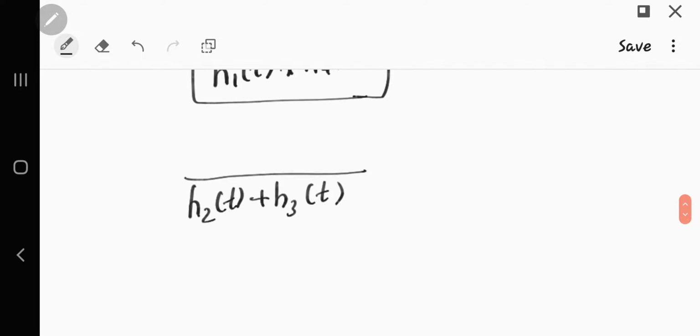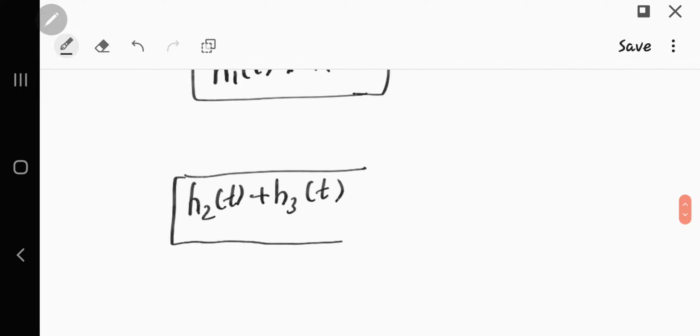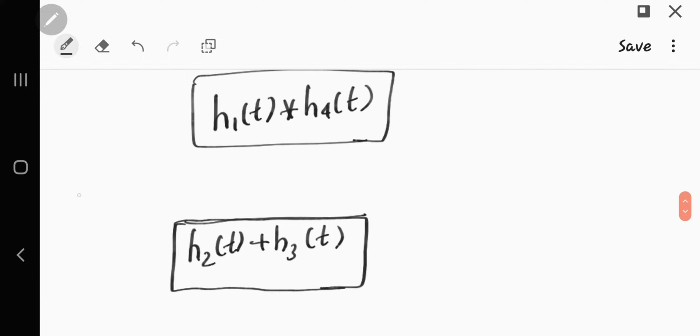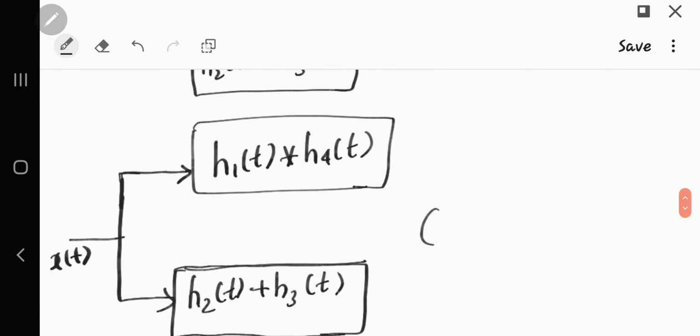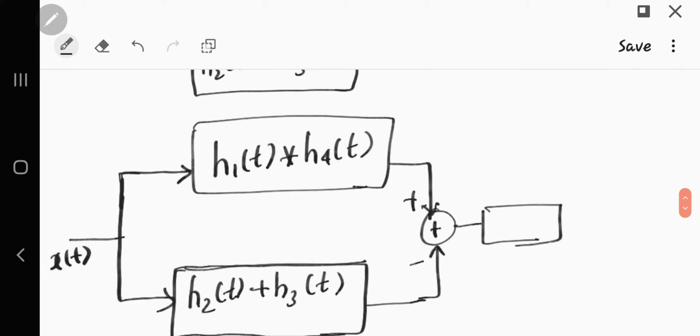You can do both operations in one step, but you have to mention that the first one we are performing is the parallel operation, and the second is the cascade connection property, and we are reducing the impulse response in this way. Now these two are added here, plus minus, and for this we have h5 of t and the output y of t.